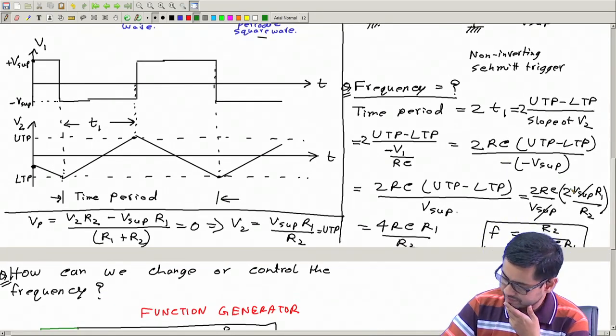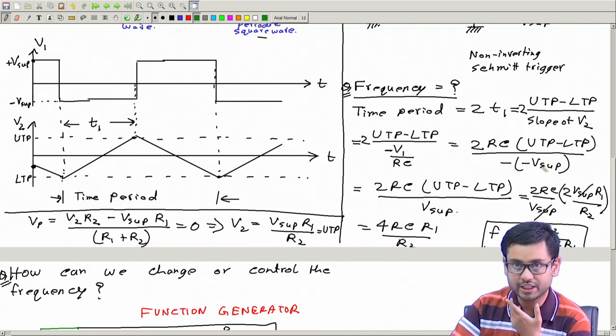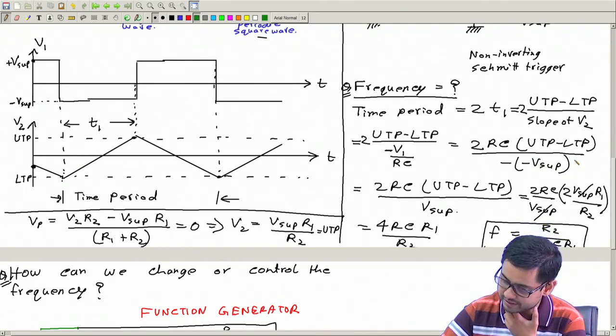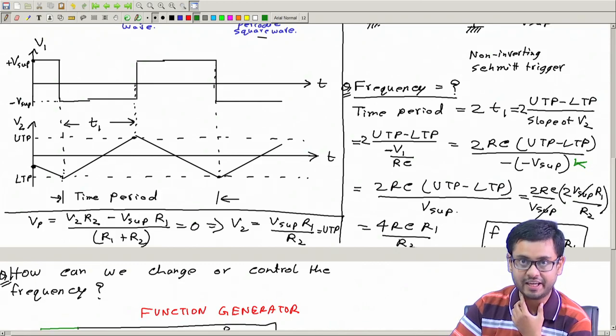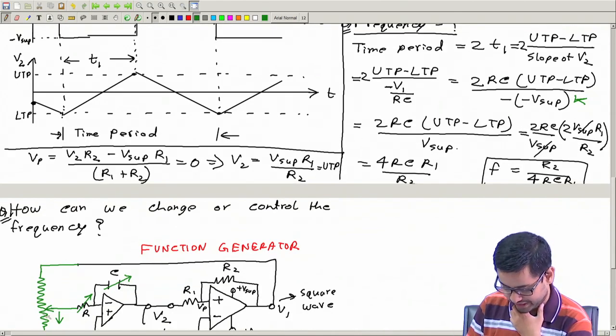In this derivation, we wrote V1 by RC is the slope, and we wrote V1 is equal to minus V supply. But it may not be so, it can be multiplied by a factor k, where k is determined by this potential divider.